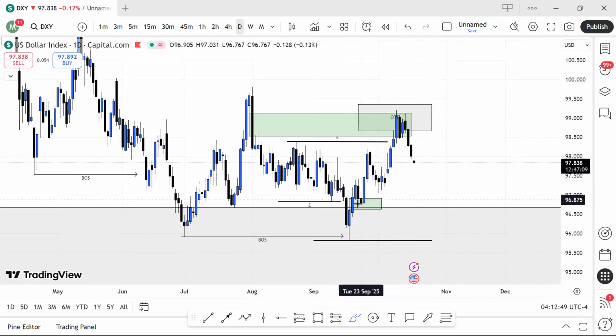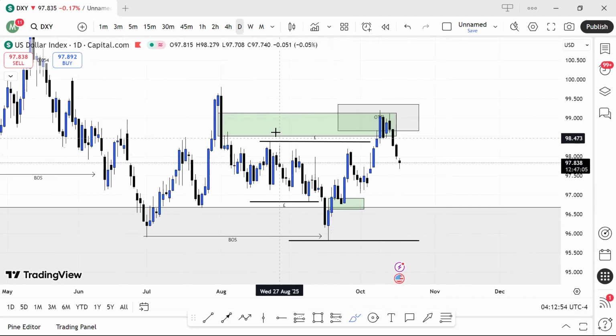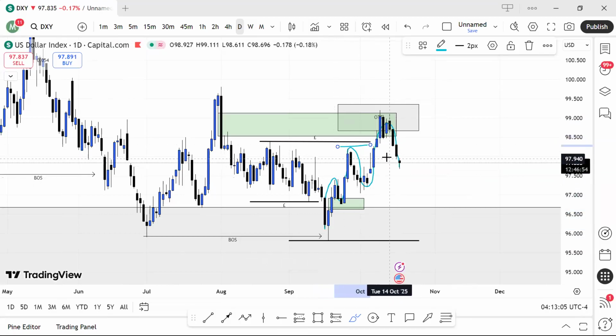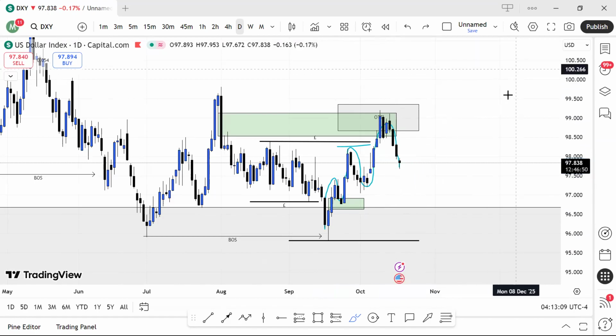As the market was pushing to the upside on the daily time frame, we were bullish because we were targeting these internal liquidities that were resting here. So as you can see, we were bullish, and we are respecting this bullish buy zone here. This is how my time frame analysis looks like.